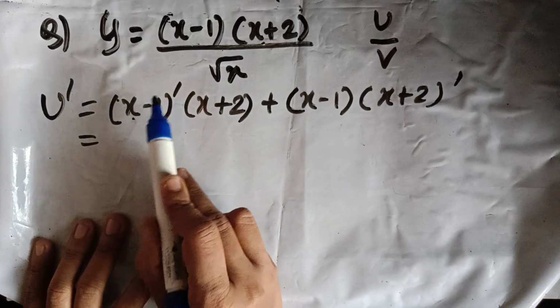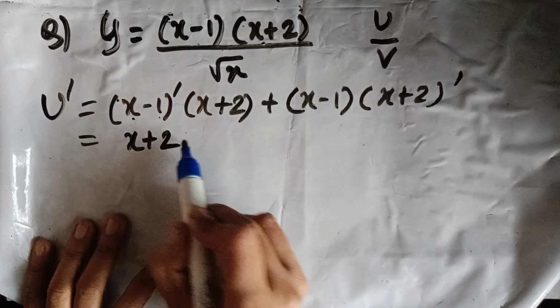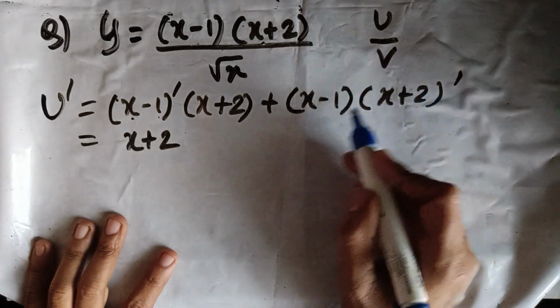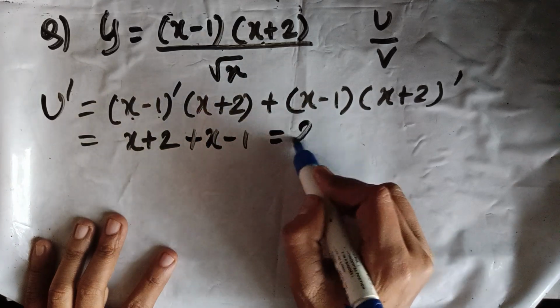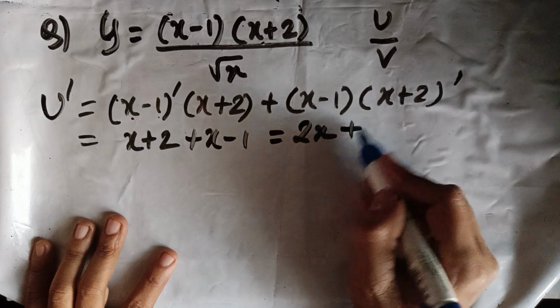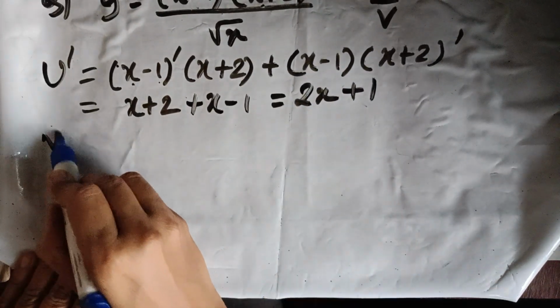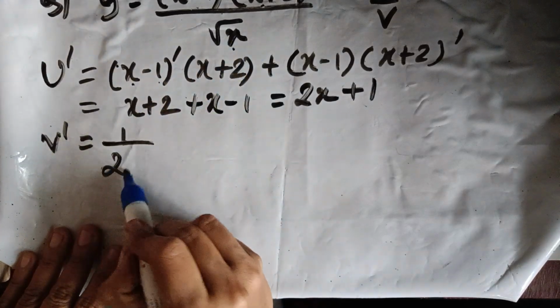So derivative here is 1. Minus 1 is 0. So we will get x plus 2. What about this? Here also it is 1. 2 is 0. So x minus 1. We will get 2x plus 1. Okay. This is u dash. What about v dash? Root x. So 1 upon 2 root x.